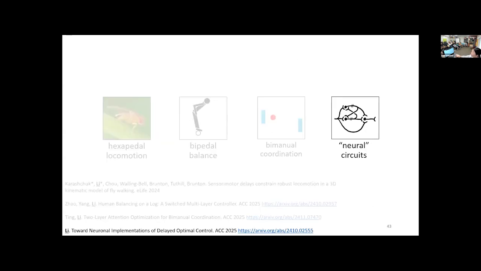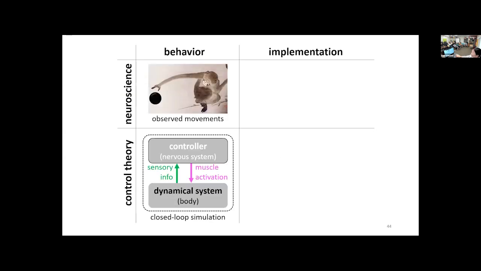And now we have the final third, which has nothing to do with layered control. So this is the vague motivation behind it. All the other things that I've said so far are kind of in this column. We have some behavior in neuroscience or in animals more generally. You're balancing, you're throwing balls, you're walking as a fly.